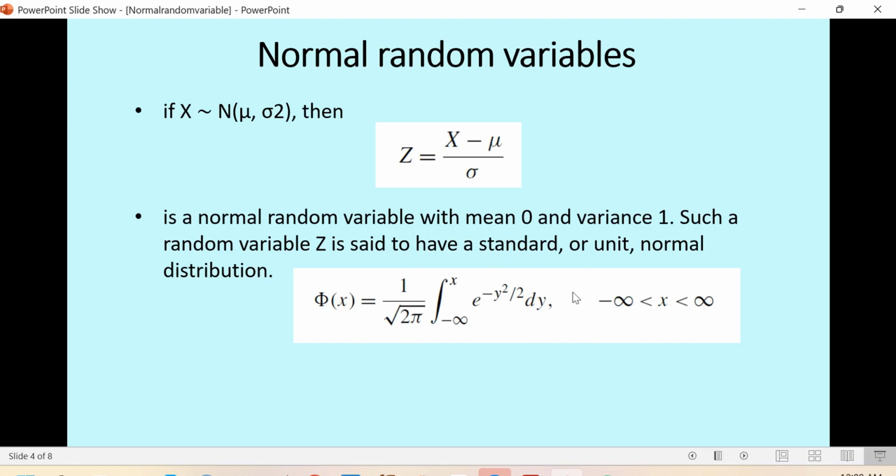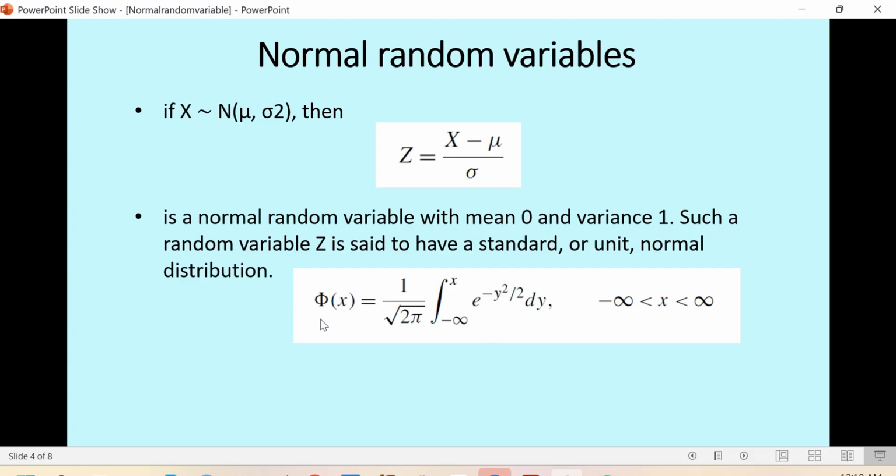This is the cumulative probability expression for this z number. Here we also just use small letter x. This is the standard normal random variable's cumulative probability, which is the integral from negative infinity to this quantile value, taking the integral over dy.